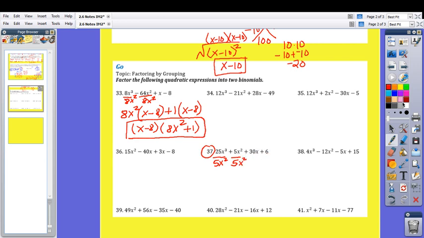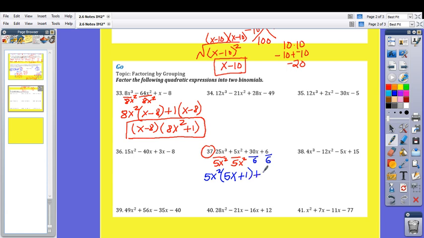In these two, you can see 6 is common in both, so you will divide both of them by 6. Here we have 5x squared common because we are dividing both of them by that. So the leftover is 5, because 5 times 5 gives you 25, and then x squared will cancel out 2 of the x's, but you still have one x, and here the whole thing will be gone, so it's plus 1.